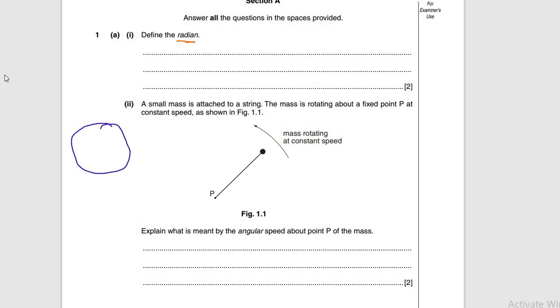For an object in a circular path, let's say this object is here. The object has changed direction, is now here. It's been displaced from A to B. This is the radius.